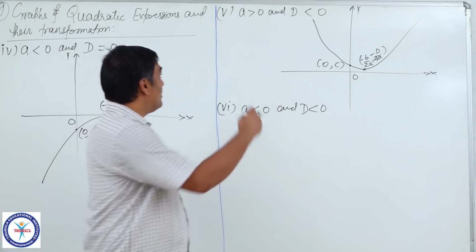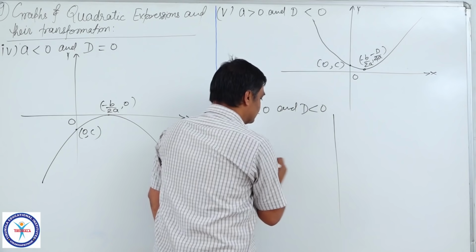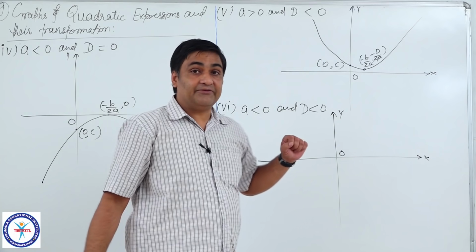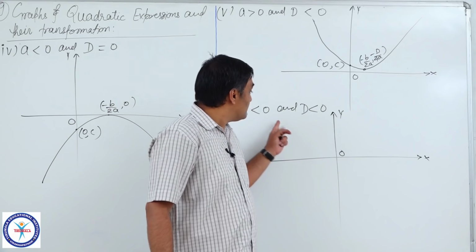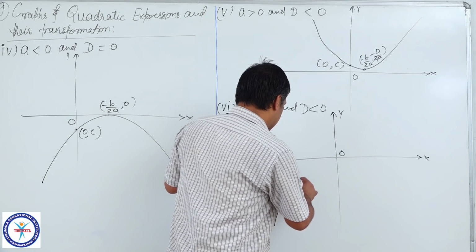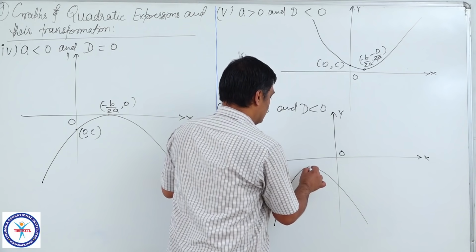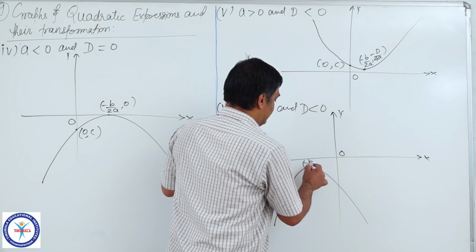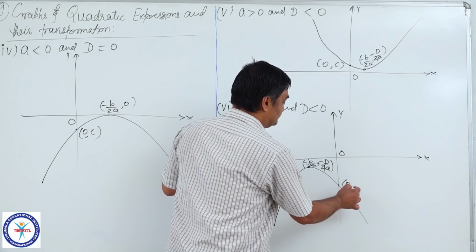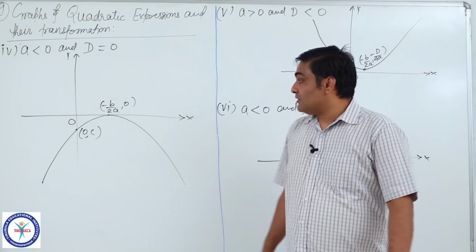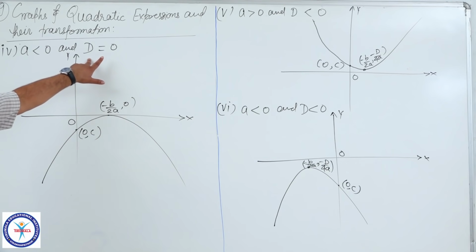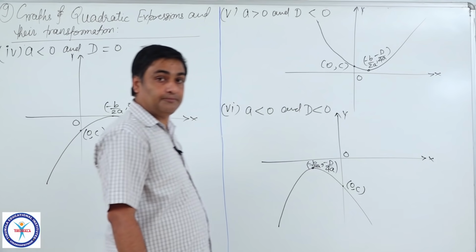A less than 0, opening downward like this, and d less than 0, no real root. A less than 0 means the quadratic expression is always negative. So the graph is like this. This vertex is always (minus b by 2a, minus d by 4a). Okay. Here it is (minus b by 2a, 0) because d is 0.